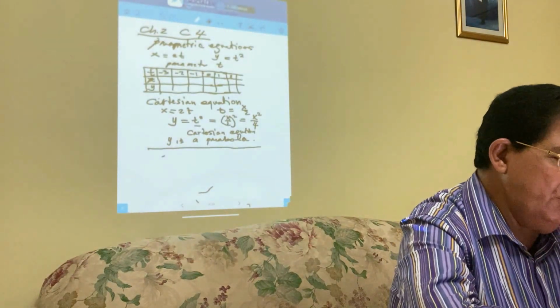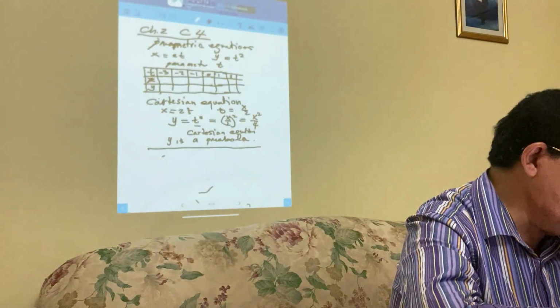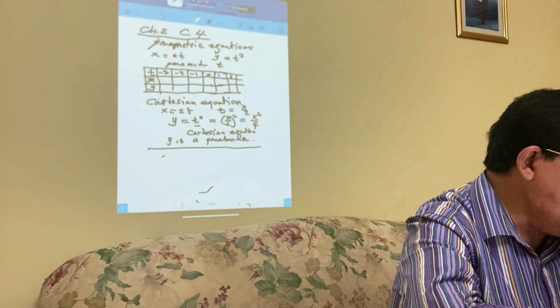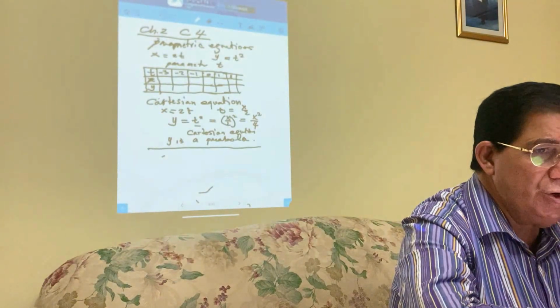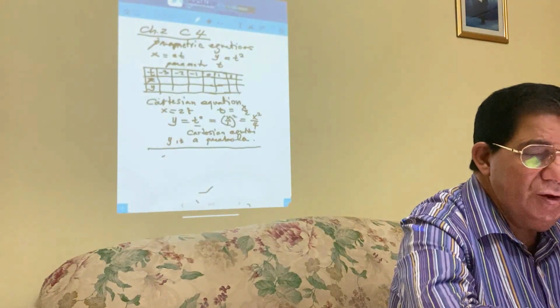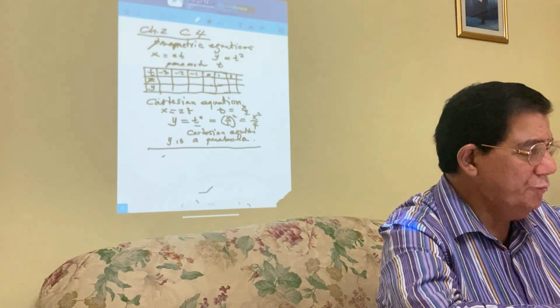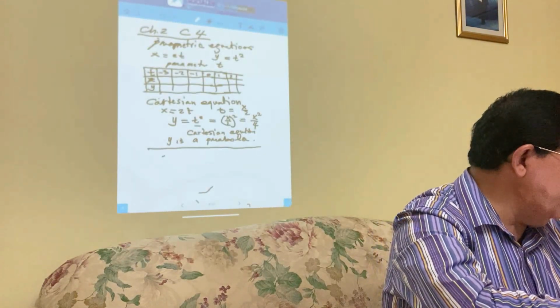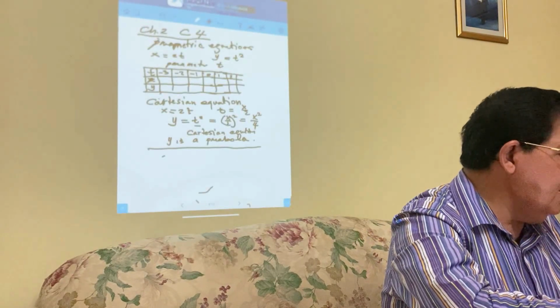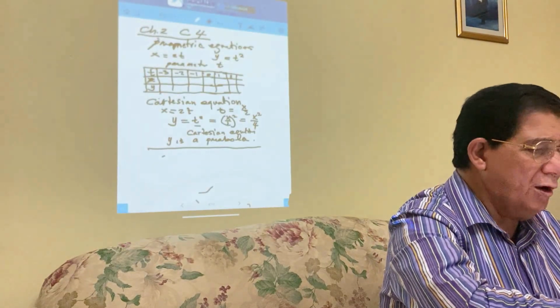Can we, using the parametric equation, find points of intersection of the graph with the axes? Can we also find where a curve can meet a line?